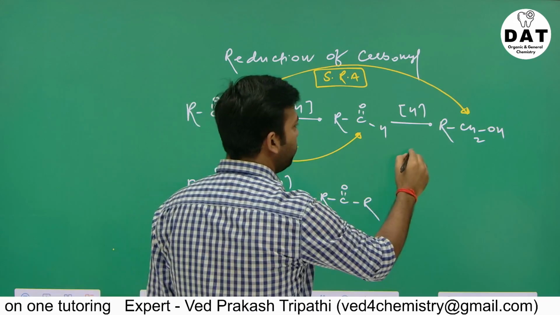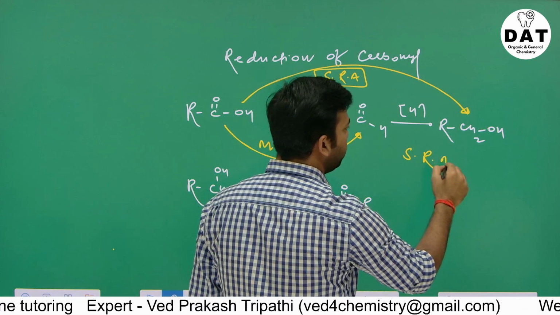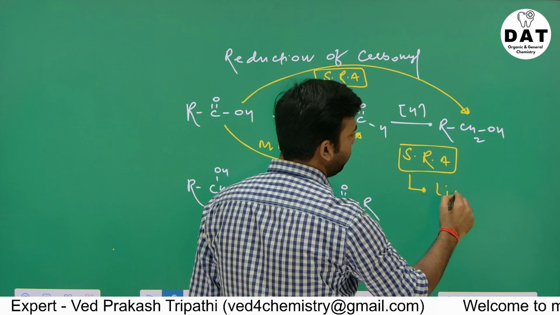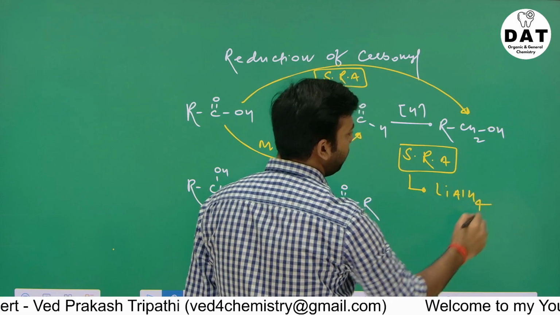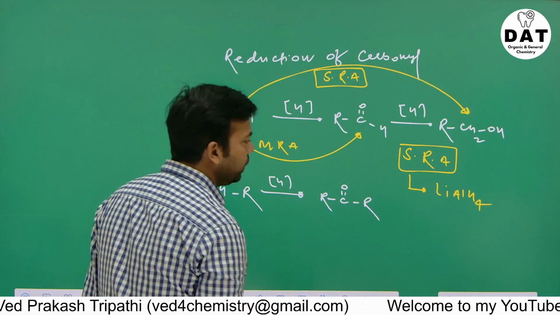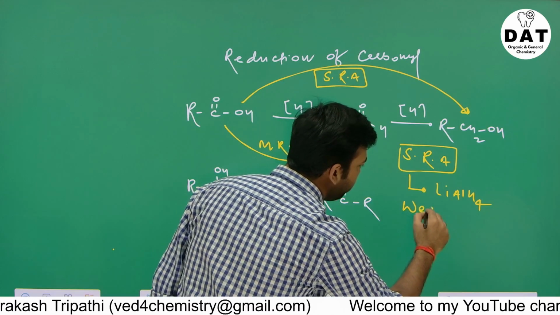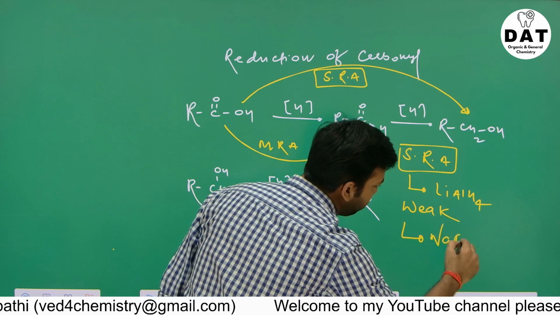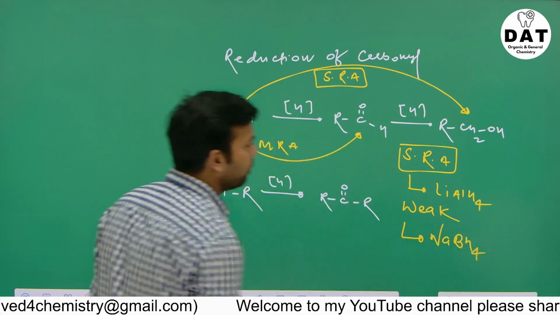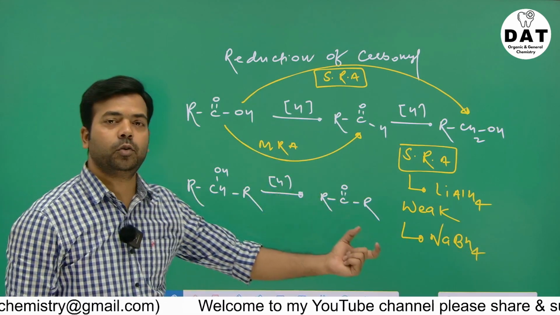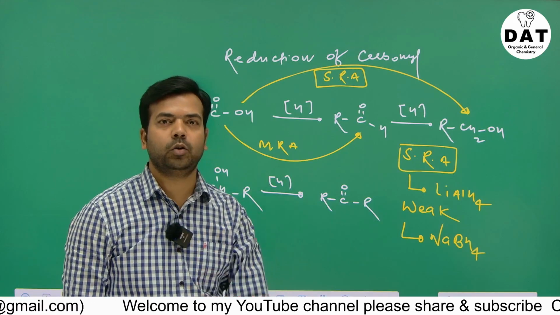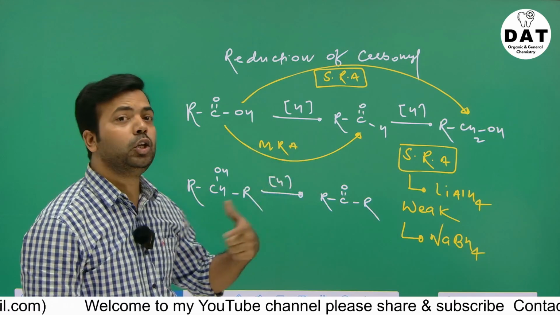A strong reducing agent, very common, is LiAlH4, clear? And the weak one is NaBH4, sodium borohydride, clear? Both LiAlH4 and NaBH4 are going to donate hydride ion as a nucleophile, and this reaction is a nucleophilic addition.